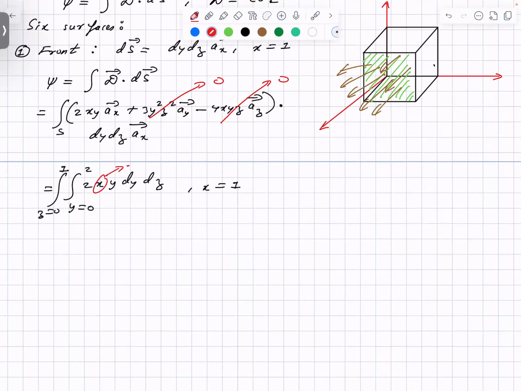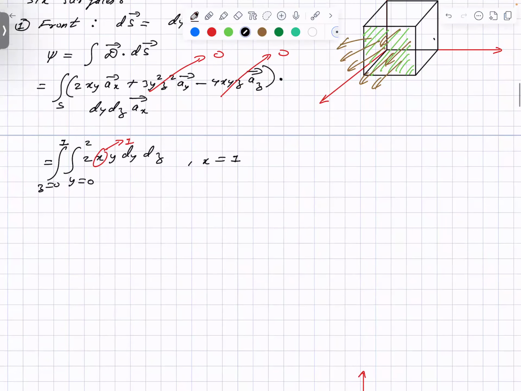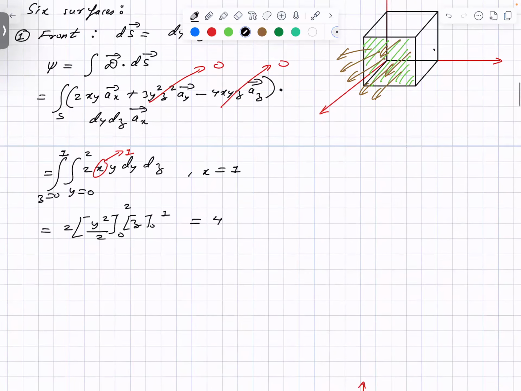So this is 1. That means we're left with now just 2, and then we integrate y, we get y squared by 2. We integrate with respect to z, we get z, and we apply the limits. So the answer is 4.